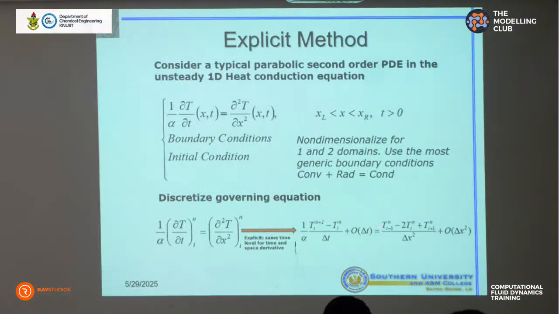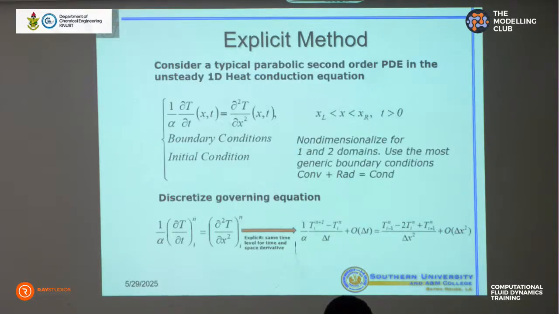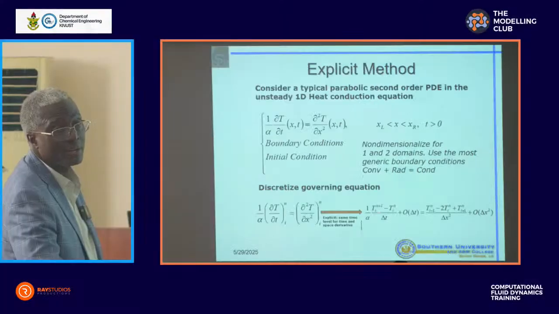Okay, so once you set up your equation in this form, you can simplify it by solving for Ti at time step n plus 1.